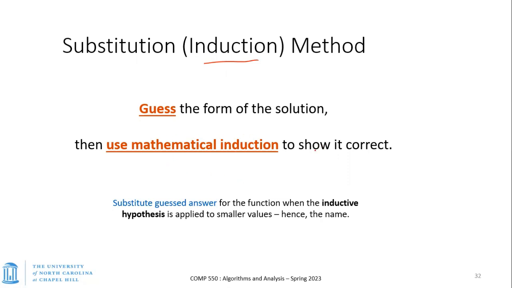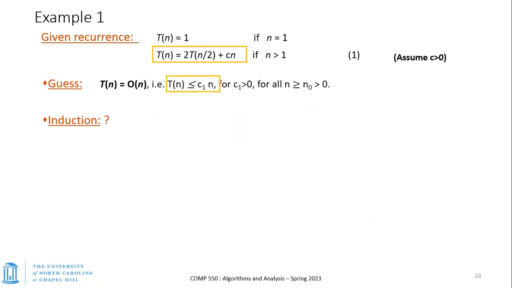You make an induction hypothesis, and then you try to prove that hypothesis. The reason why computer scientists call this substitution is the following. I think sometimes we try to invent new terms. Let's take a look at the following example.